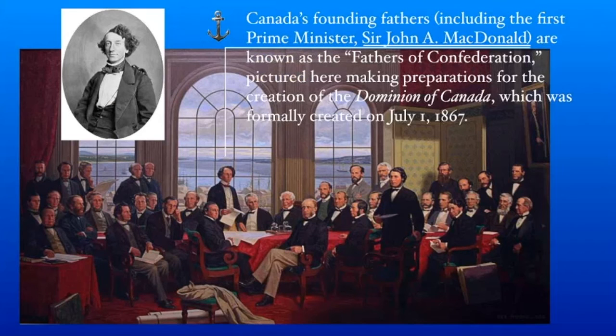So when did that happen? It was in 1867, essentially. Although, as we're going to see, this gets to be a pretty tricky issue in Canadian history. It's a strange story. Because Canada's founding fathers, if you will, they're called the Fathers of the Confederation, including the first Prime Minister, Sir John A. Macdonald, who's pictured here in this image along with the rest.